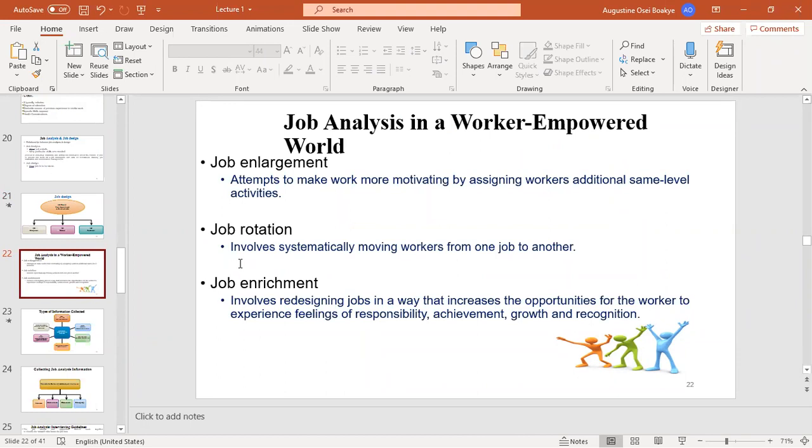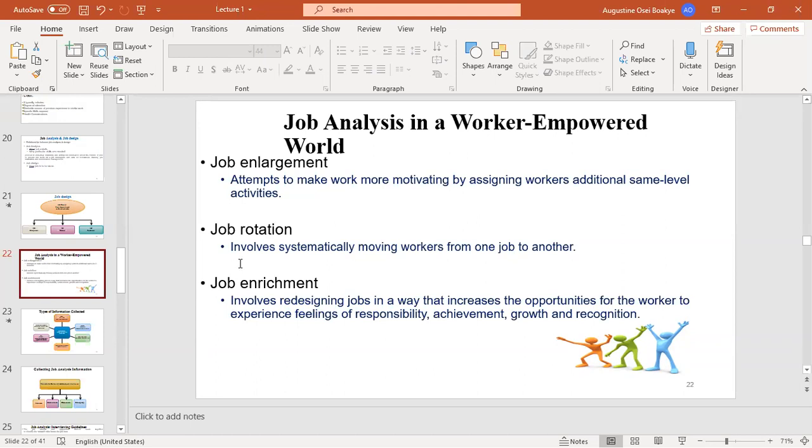So we are now going to look at the various types of job designs. The first one I'm going to introduce you to is what we call job enlargement. As the name implies, it simply means you are combining previously fragmented tasks or duties to create a new portfolio which contains all these previously fragmented duties.